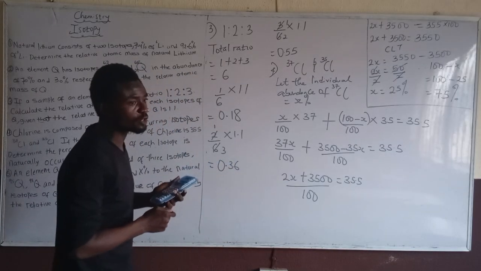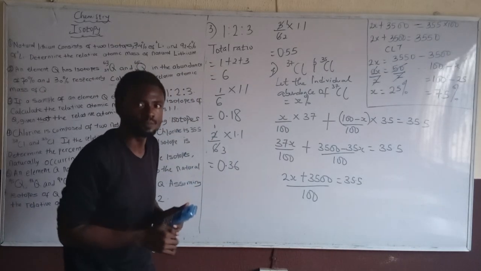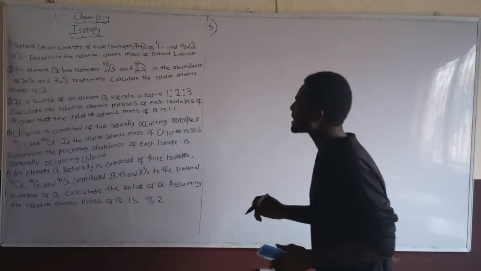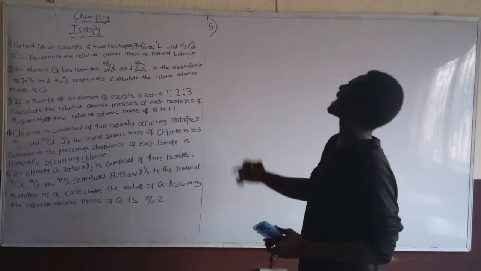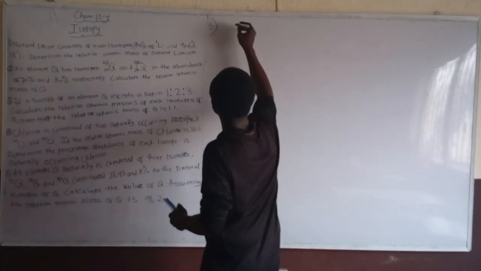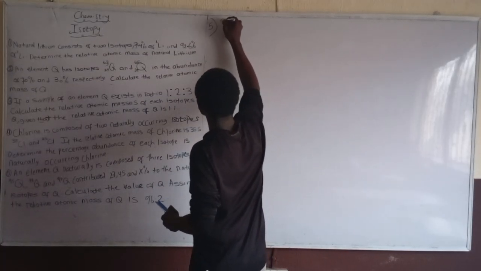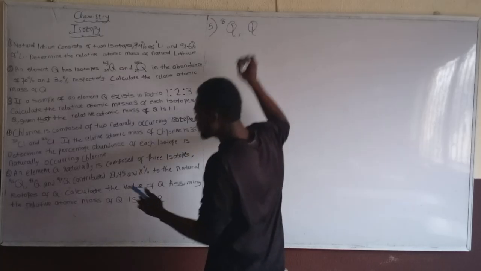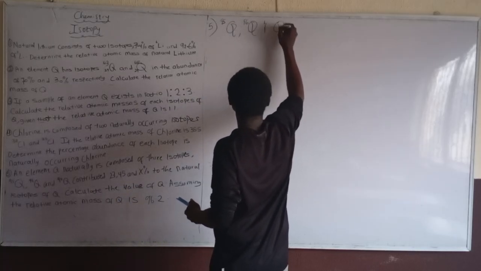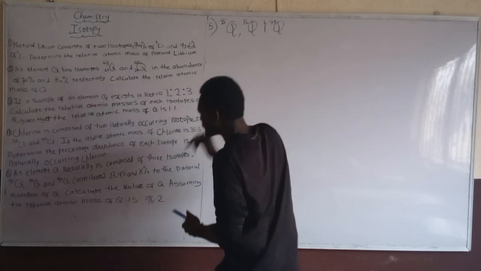So that is number 3 and number 4. So very quickly we move to number 5. An element Q naturally is composed of 3 isotopes. I have Q95, Q96 and Q97.